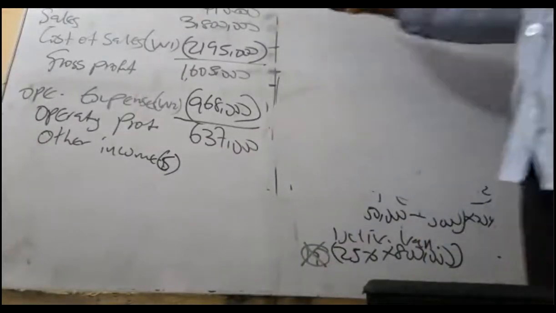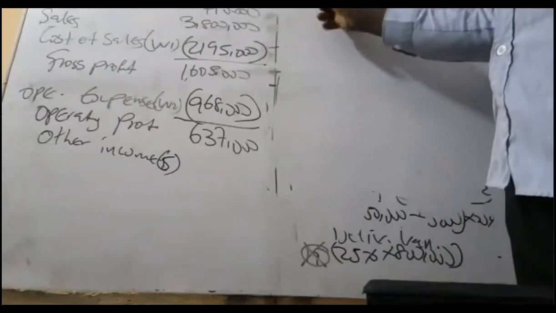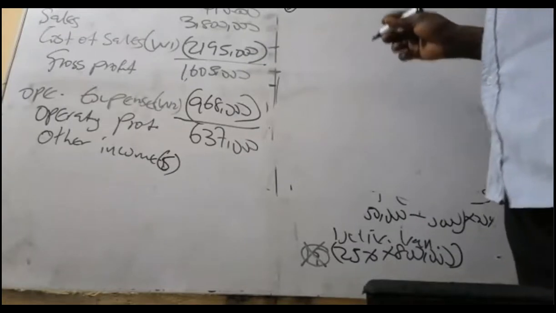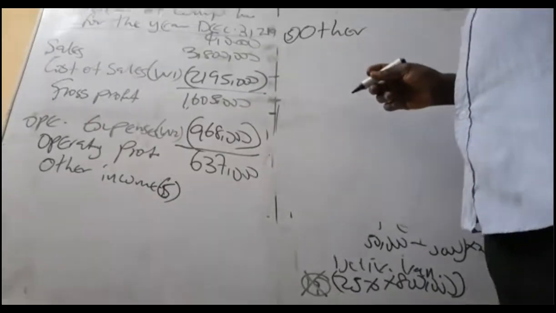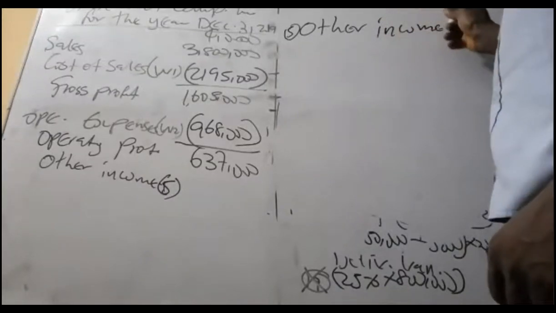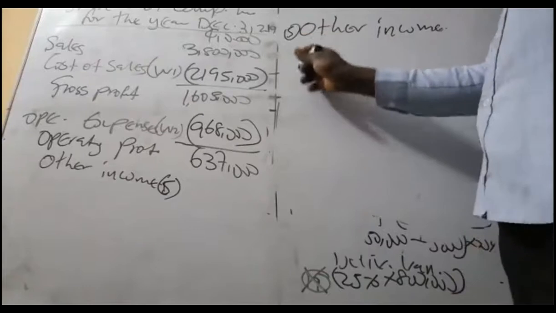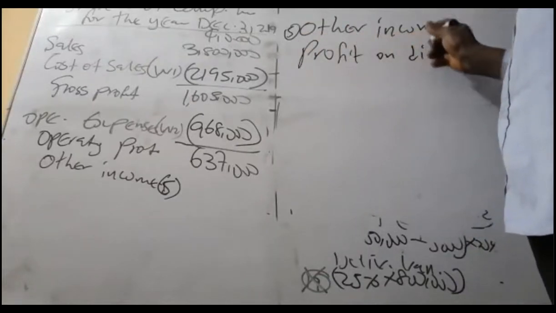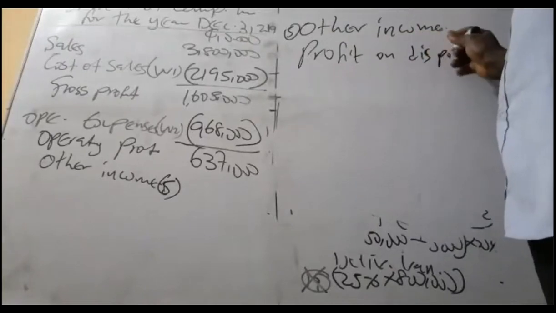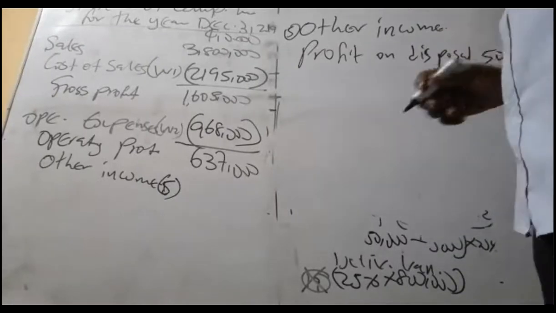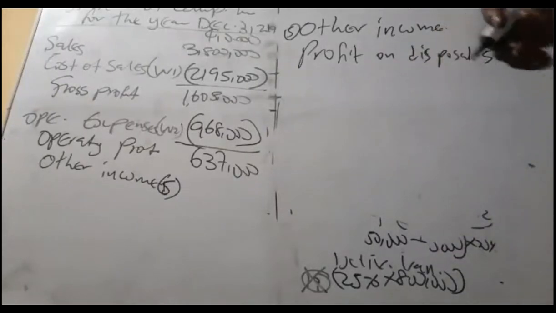So workings number 5, other income: profit on disposal, which is 500, right? Let's see.